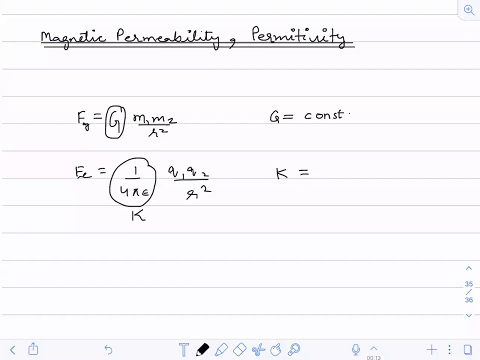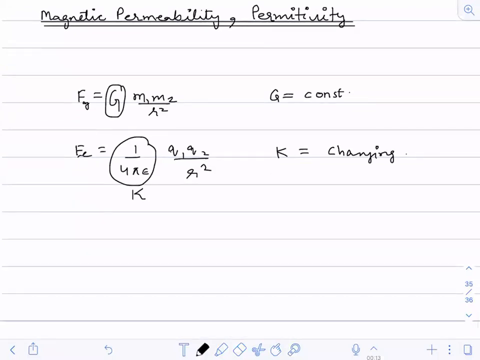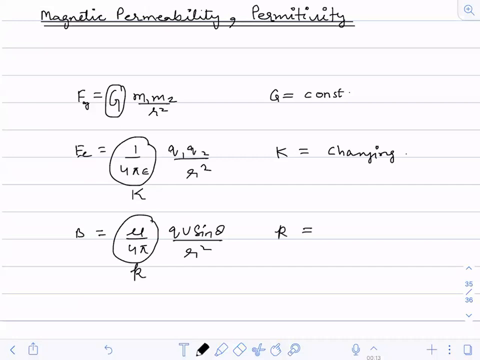It was changing with the medium. Now here you are studying the magnetic field, and just now I told you it is mu by 4 pi, q v sin theta by r square. If I take this as small k, this will also change.